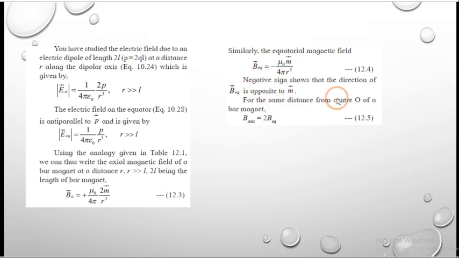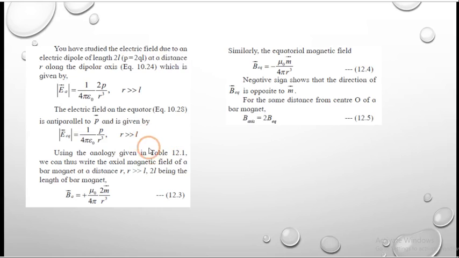Now this negative sign shows that the direction of the equatorial field is opposite to vector m. For the same distance from the center O of a bar magnet, B axial is equal to 2 into B equatorial. We already had a discussion on both these equations in the previous chapter, where we also derived this relation between magnetic fields.